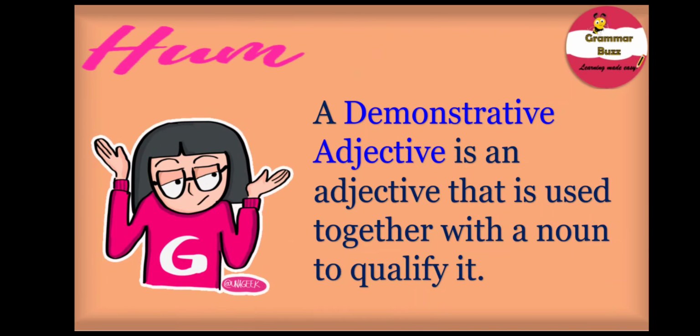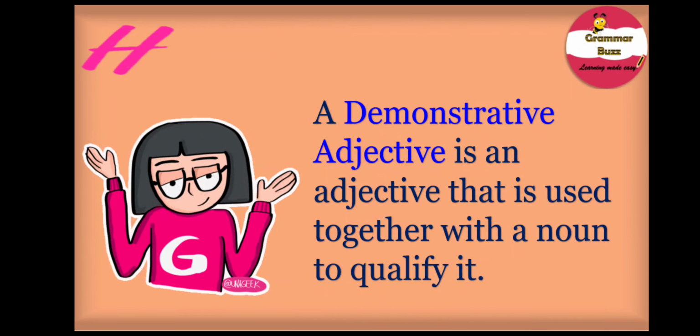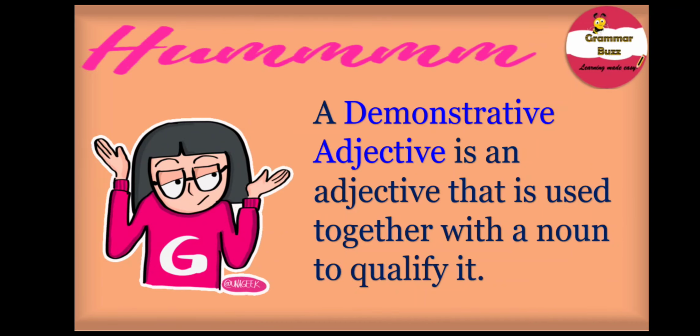You already know what a noun is. A noun is a naming word. It's the name of a person, place, animal, and thing. And a demonstrative adjective is an adjective that modifies the nouns. So like any other adjective, a demonstrative adjective too has the job of describing a noun in a sentence.